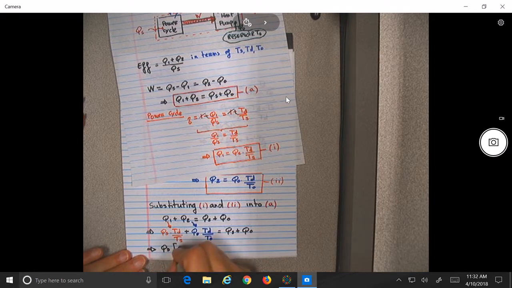So I will get what? TD over T sub S minus 1. I'm moving this one to the left hand side will be equal to Q naught factor of 1 minus TD over T naught.